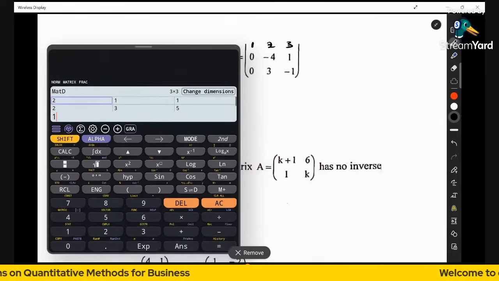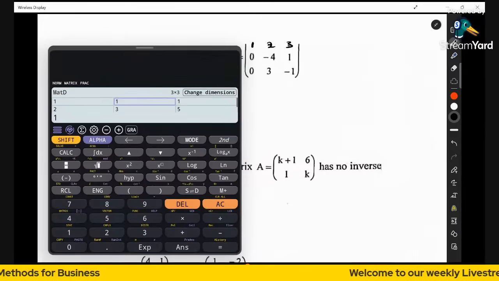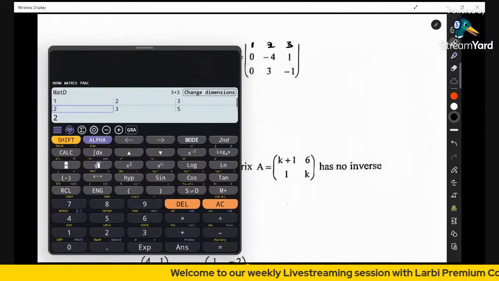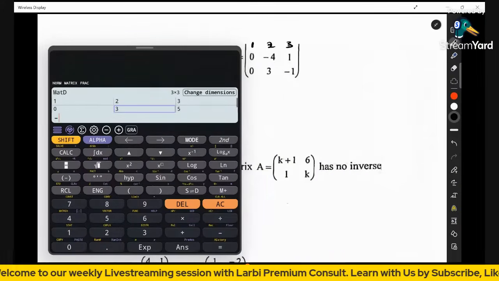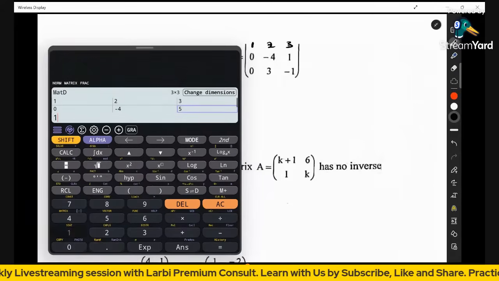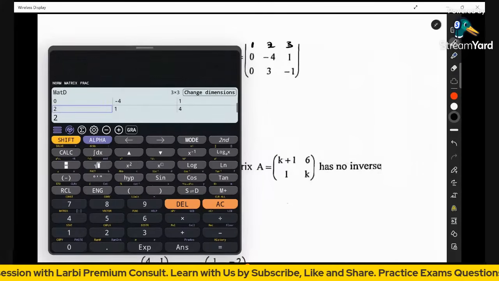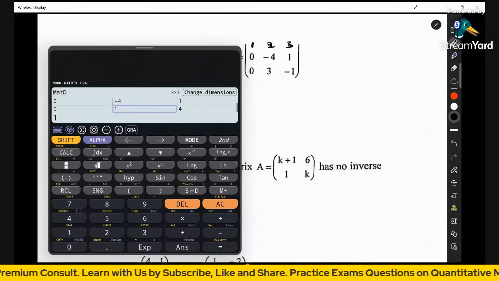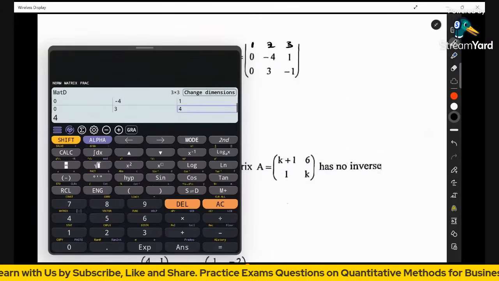So you have 1, press equal. The second one is 2. The third one is 3. The second row, 0, -4, then 1. Then we have 0, we have 3, we have 4.